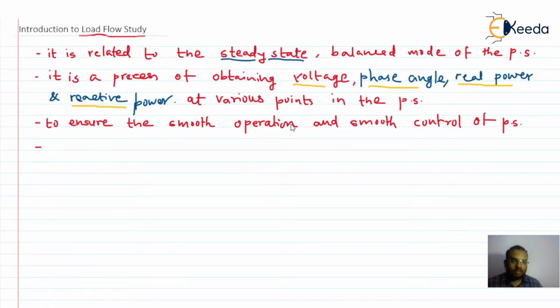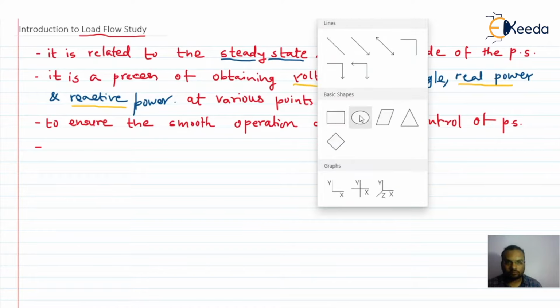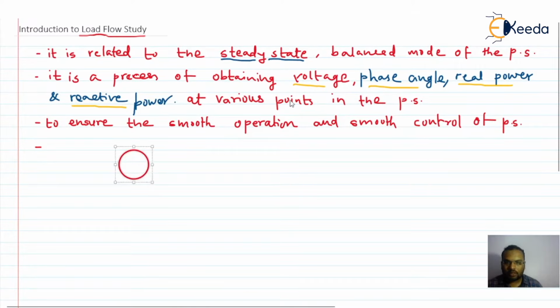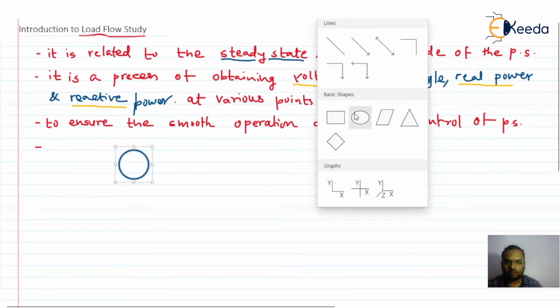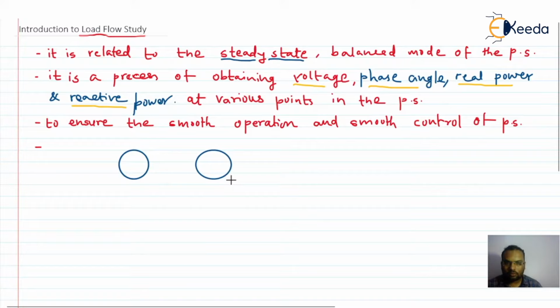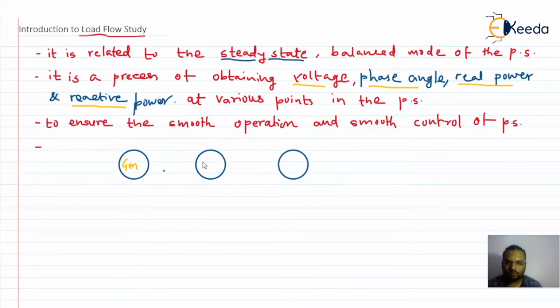See, basically power system is nothing but an integration, or a combination, of three important things: generation, transmission, and at the end distribution. The power system is nothing but the integration of all these three systems.